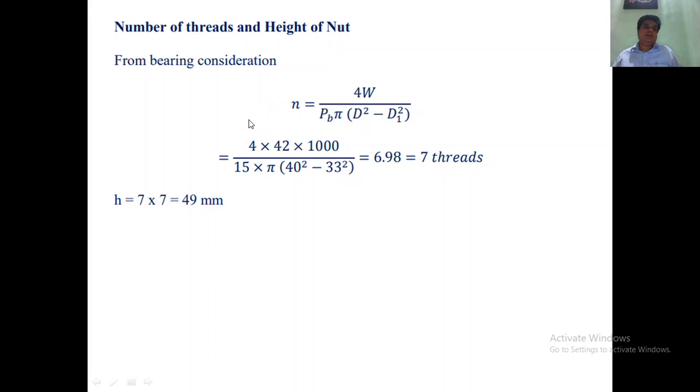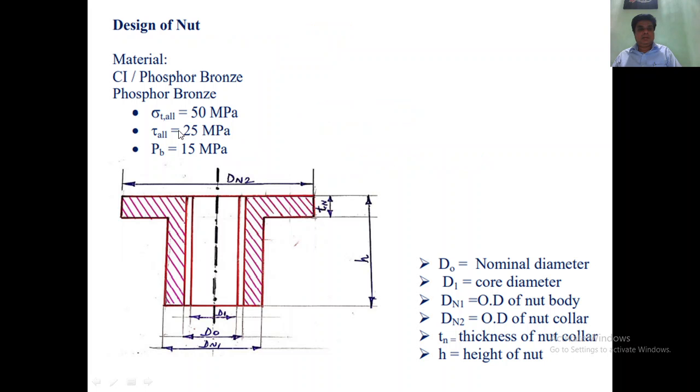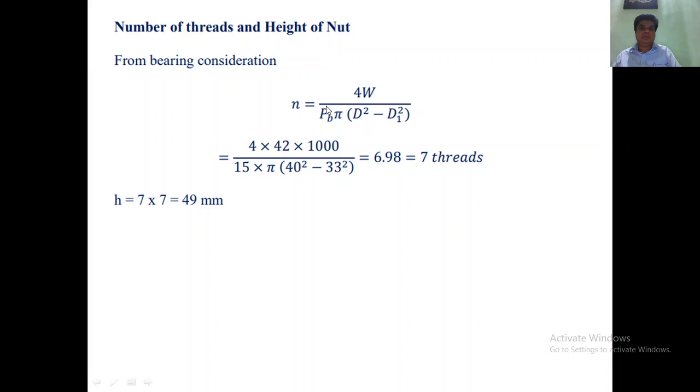The height of the nut you can calculate by the bearing pressure. The bearing pressure PB, which you have just taken, for this material will be 15 megapascal. That is substituted here, and you can calculate the bearing pressure as force by area into number of threads.